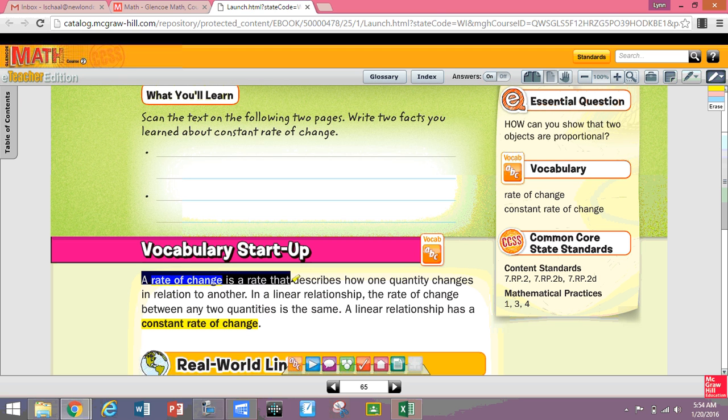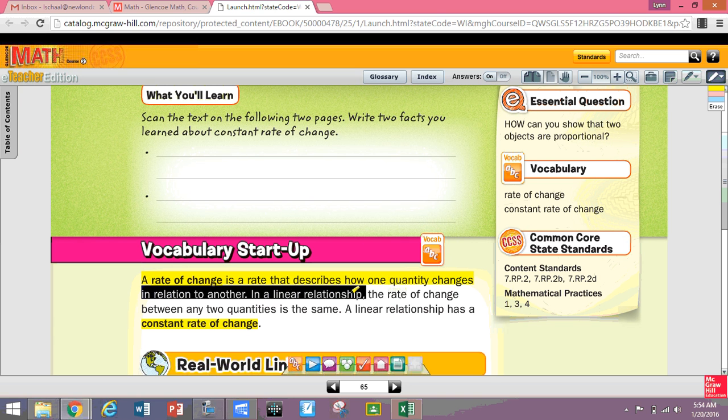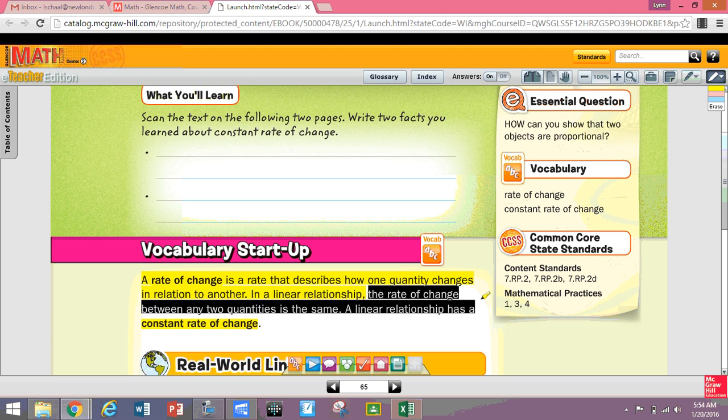A rate of change is a rate that describes how one quantity changes in relationship to the other. Now, in a linear relationship, and we know that a linear relationship is a proportional relationship as long as it goes to the origin, but in a linear, and this is all linear relationships, the rate of change between any two quantities is the same.